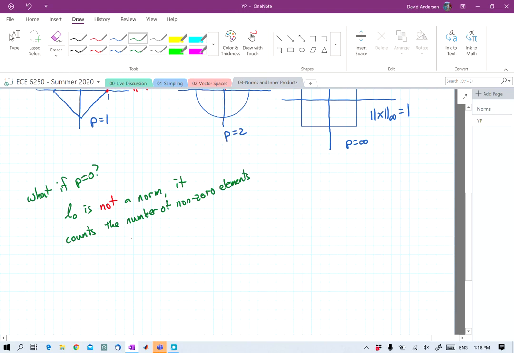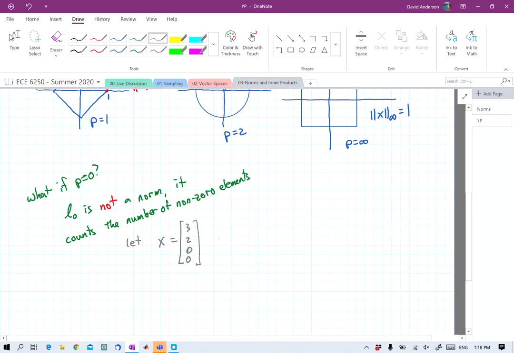So, for example, let x equal 3, 2, 1, 0, 0, something like that.